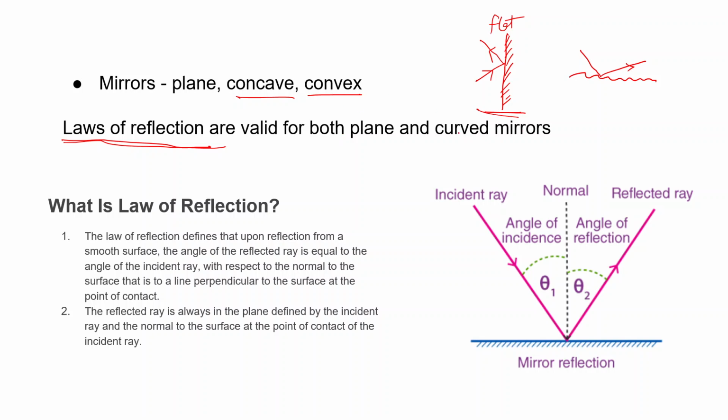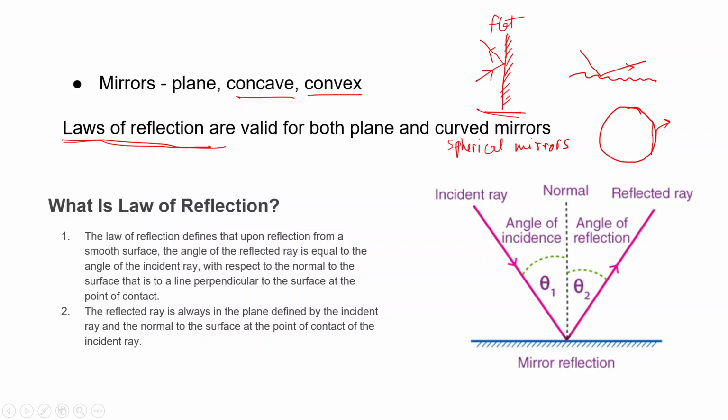Curved mirrors are also called spherical mirrors, because they are a small part of a whole sphere. If we take a spherical glass and cut a very small part of it, and polish it from one side, inside or outside, then the opposite side becomes reflecting. Because we are taking a small part of it, it's not flat, it's curved, so we also call them curved mirrors.